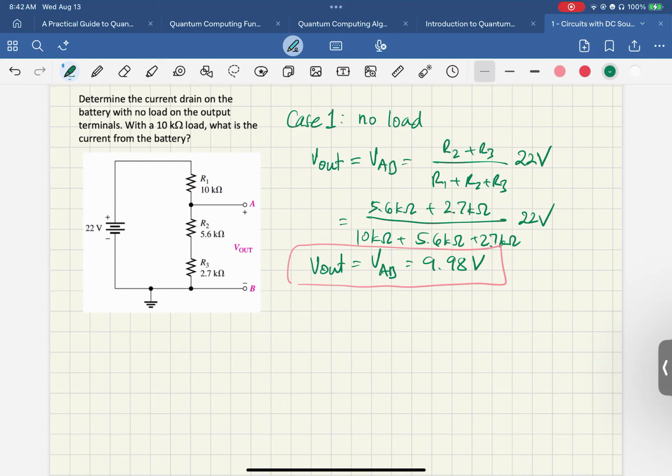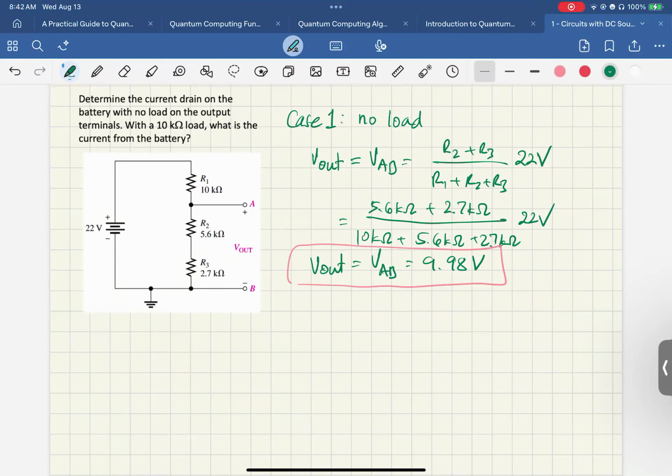Mention ko lang na one of the common mistakes na nagagawa ng mga estudyante when solving problems, even during exams, is yung mga prefixes. Pansin nyo na yung mga resistance dito ay may prefix na kilo. In this case, yung numerator has a prefix of kilo and yung denominator has a prefix of kilo, so magka-cancel lang yung 10 to the 3.